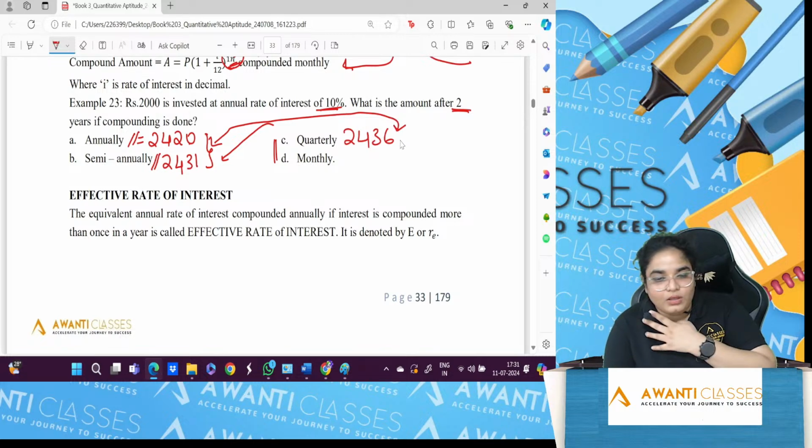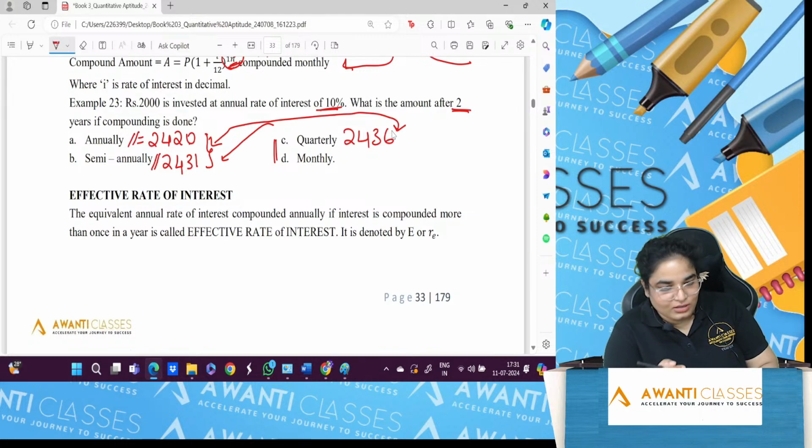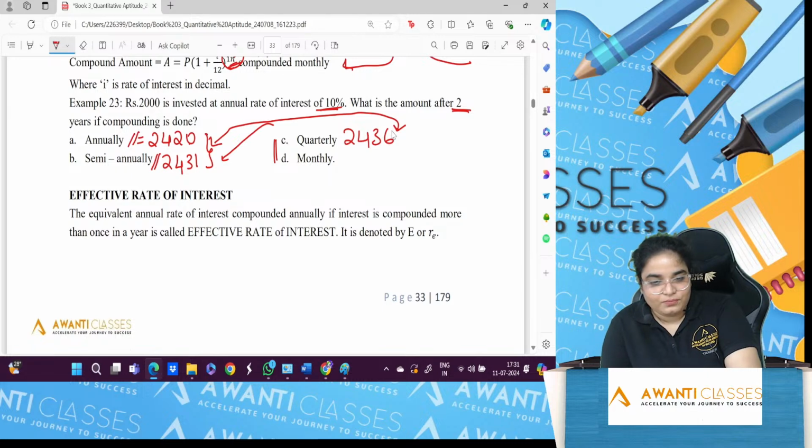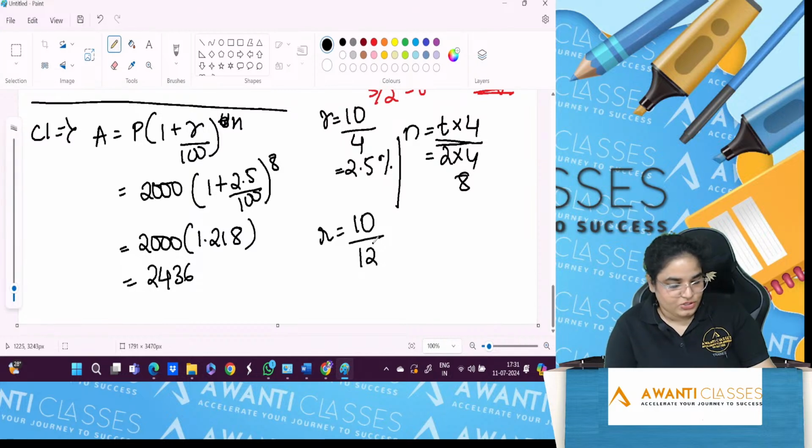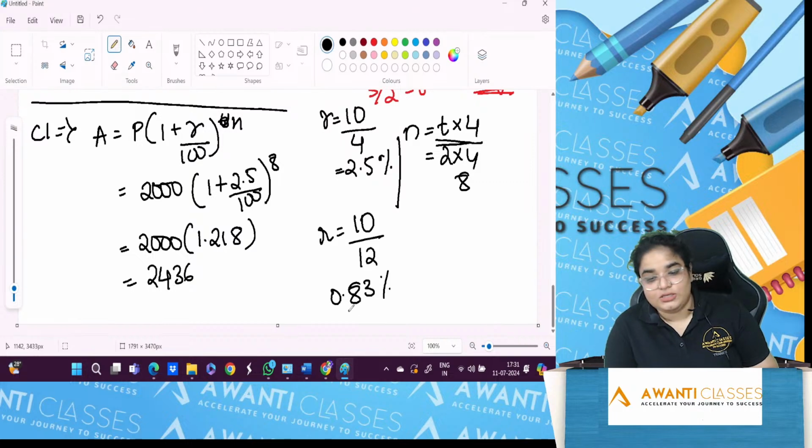Monthly, if we do monthly, this is a case study, so all four we must do. Monthly R will be 10 divided by 12, which is 0.83 something percent, which means it will also have to be divided by 100 once again.